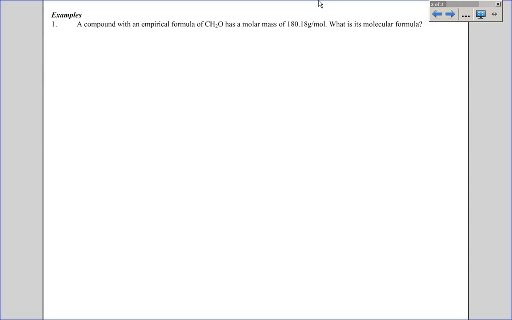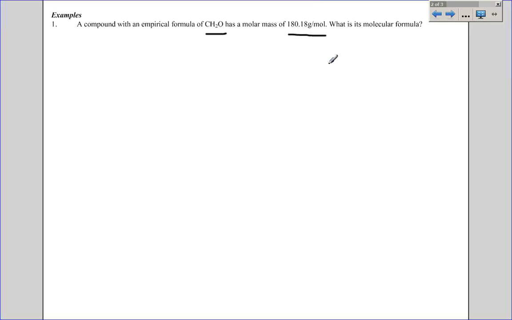So let's look at a few examples. A compound with an empirical formula of CH2O has a molar mass of 180.18. What is its molecular formula? As you know, we've got both pieces of information we require. We need the empirical formula of the compound as well as the molar mass of the molecule in order to determine its molecular formula.